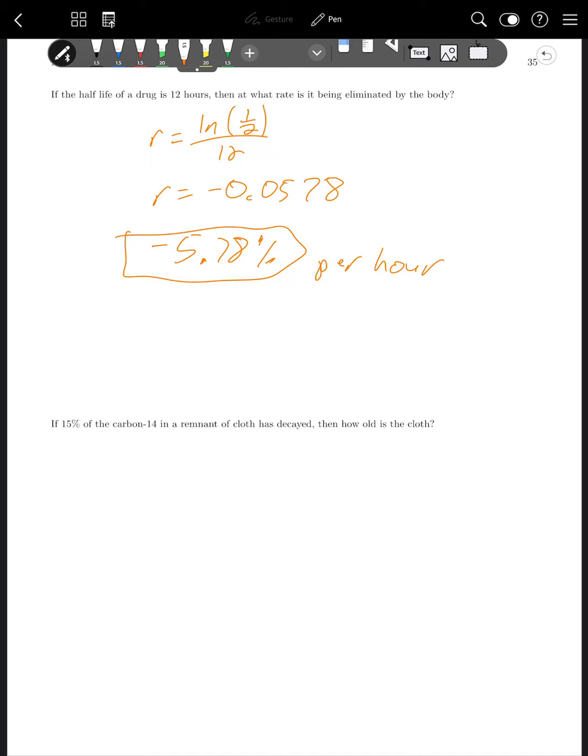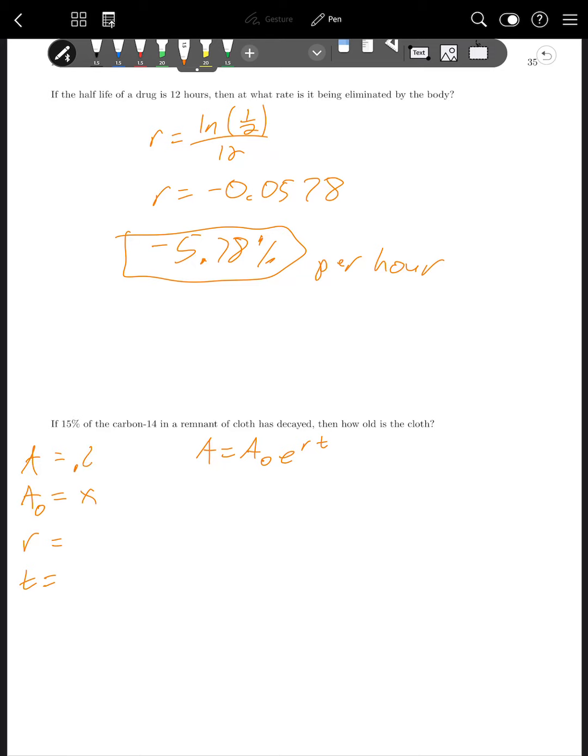And then the second one says, if 15% of carbon-14 in a remnant of cloth has decayed, how old is the cloth? Well, we can use a little bit of information from the previous page to do this one. In this case, we don't know how much we started with. If 15% has decayed, how much is left?